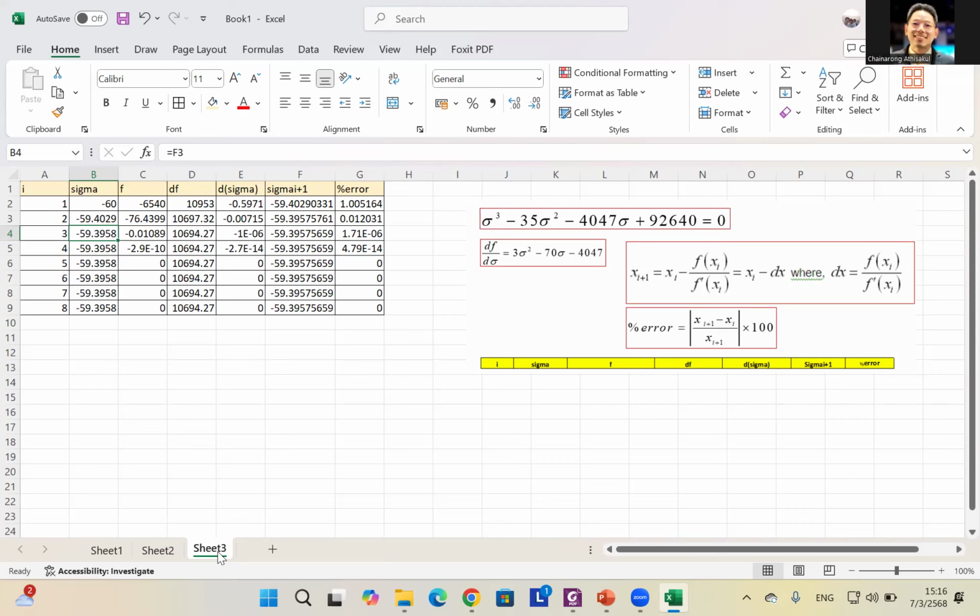Sorry? 17? Okay. Now we have another root, right? Another root is 21.35.